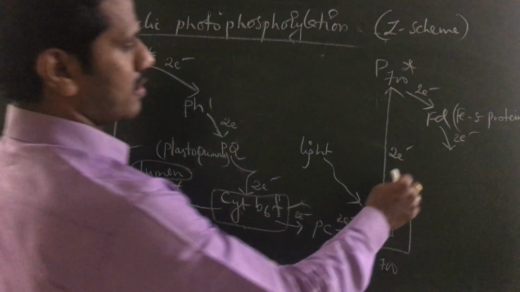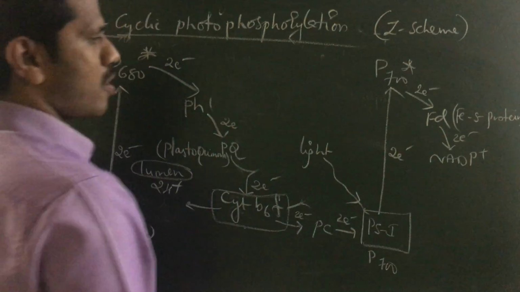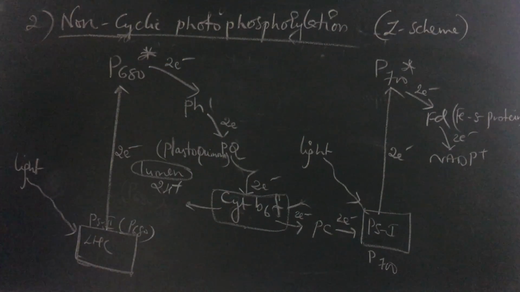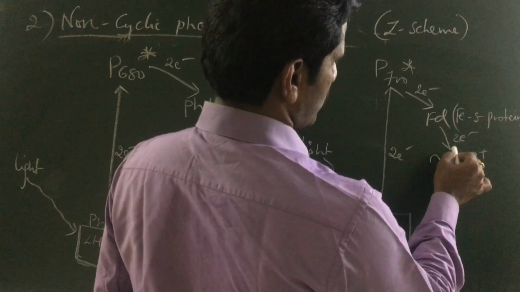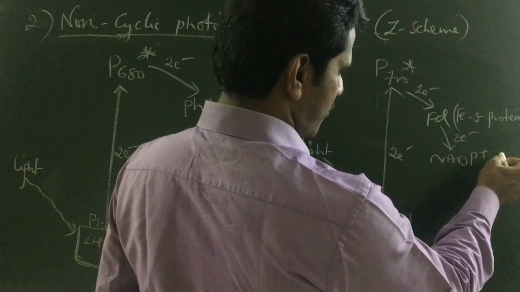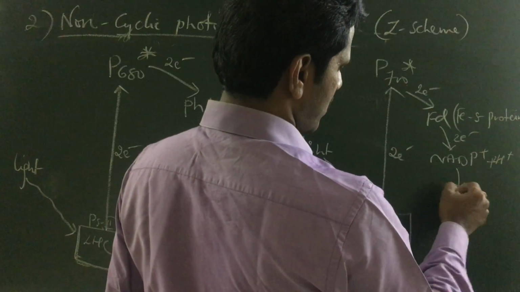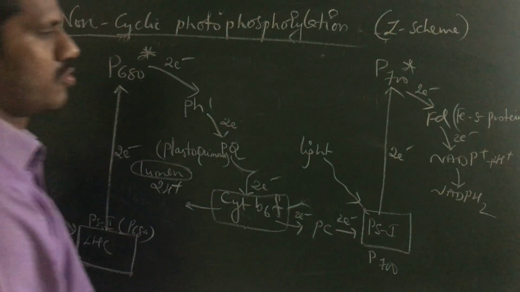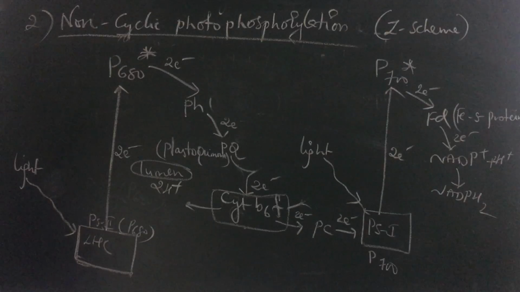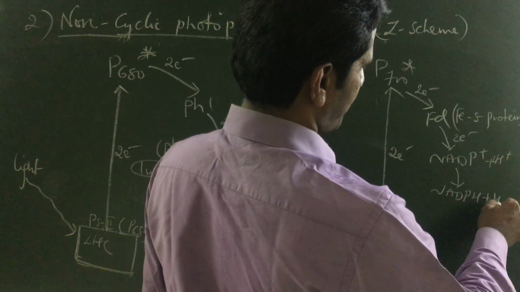NADP, which is present in the stroma. So it takes 2 electrons, and from the stroma it takes 2 protons to convert into NADPH2, to form NADPH and H plus.